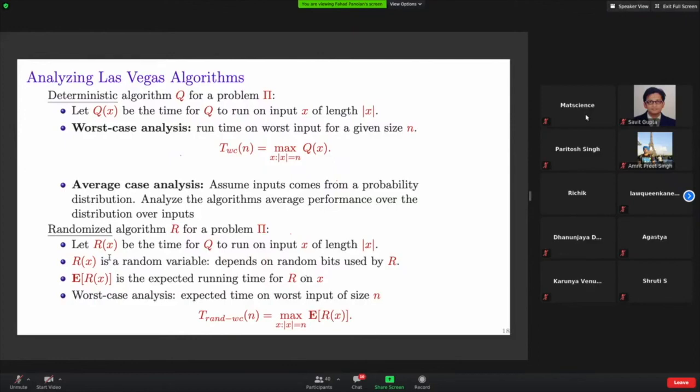Like deterministic worst case analysis, average case analysis, and in Las Vegas, what is the quantity we are interested in? T of n is the maximum expected running time over the inputs of length n. Is this definition clear? Yes, sir. Okay, thank you.